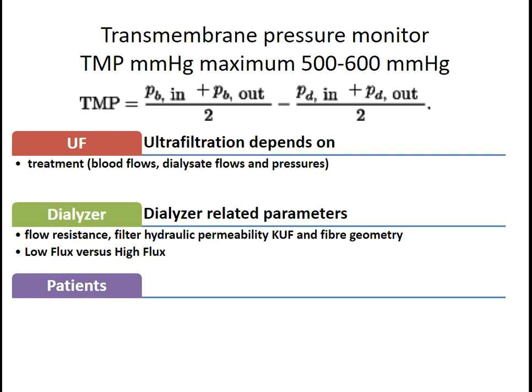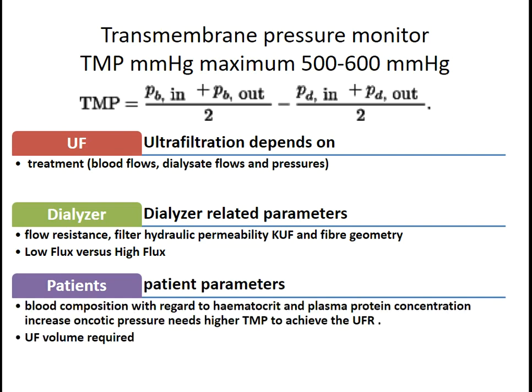Some patient parameters can control as well how much fluid is removed. Blood composition with regards to hematocrit and the plasma protein concentration. Increased oncotic pressure needs higher transmembrane pressure to achieve the ultrafiltration rate.